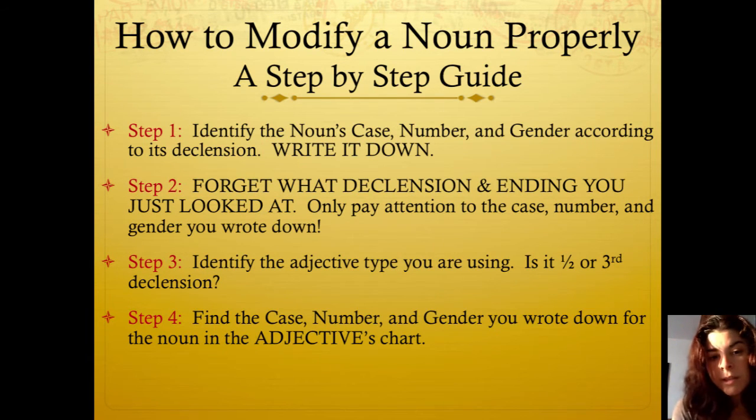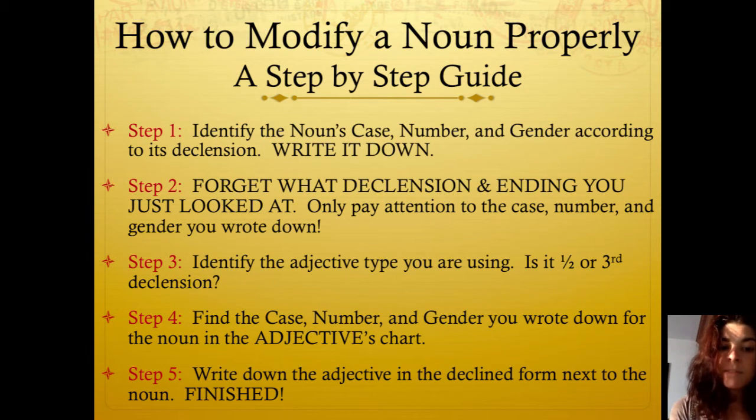The next step is to find the case, number, and gender that you wrote down in that adjective's chart. Once you've done that, simply add that ending to the adjective, write it next to the noun, and then you're done. That's it.